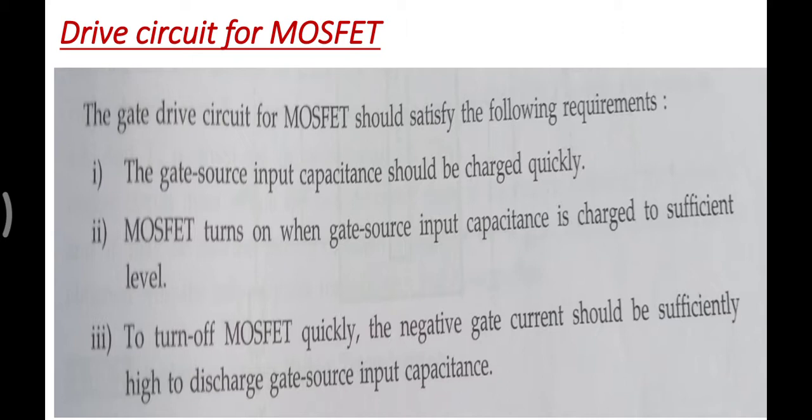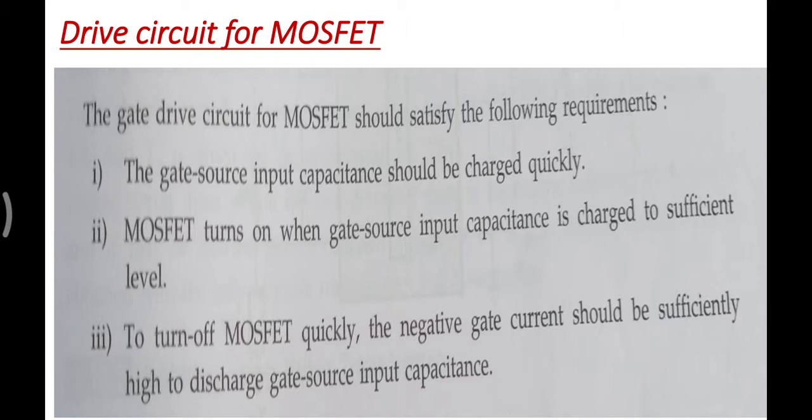While switching on, there are some losses during the turn-on time. If this turn-on time is reduced, we are indirectly reducing the losses. Next, the second point: the MOSFET turns on when the gate source input capacitance is charged to sufficient levels.